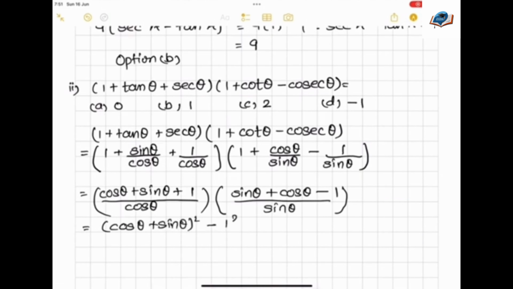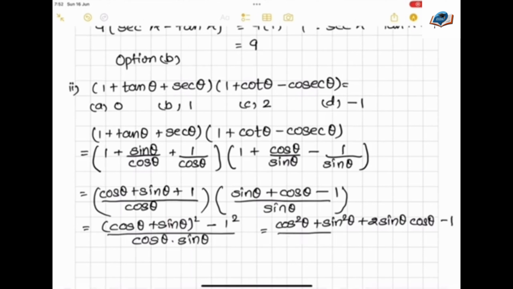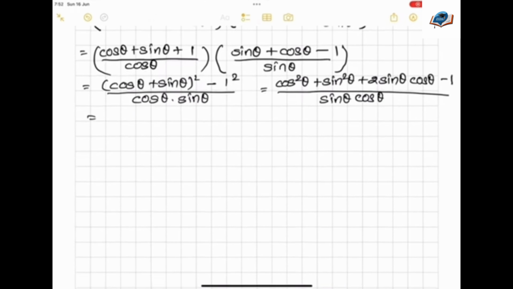So cos square theta plus sin square theta plus 2 sin theta cos theta minus 1 whole upon cos theta sin theta. But cos square theta plus sin square theta equal to 1. So I am putting that value there, 1 plus 2 sin theta cos theta minus 1 whole upon sin theta cos theta.